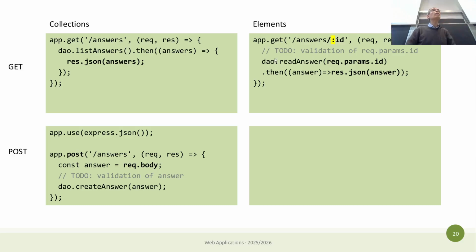Typically, you go to the database and do a query: select where answer ID is equal to what you got from the parameter. Then you get the information, and as before, res.json of the information. Everything is done automatically. So I hope you now appreciate the power of this Express library.